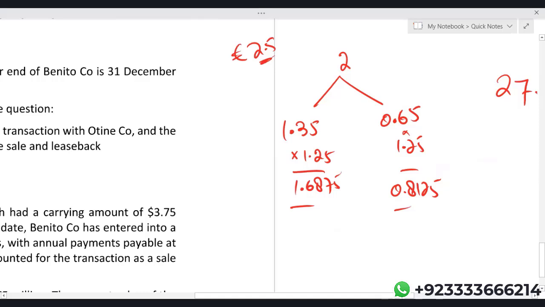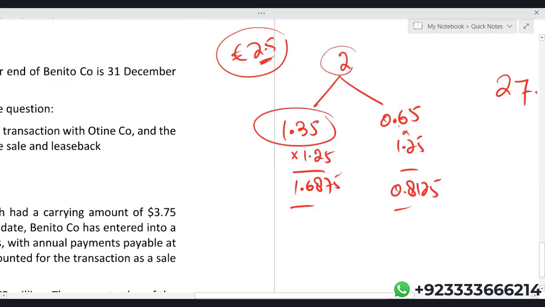Done. Now listen carefully. When it comes to the subsidiary, logically the subsidiary is holding this stock because the stock is unsold. So we will not be working on the 2.5 million. We will be working on just 1.35 million. Why are we not working on 2.5 million? Because initially we sold this stock for 2 million.